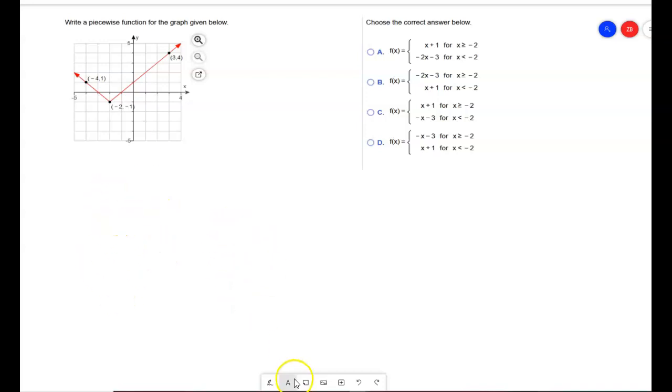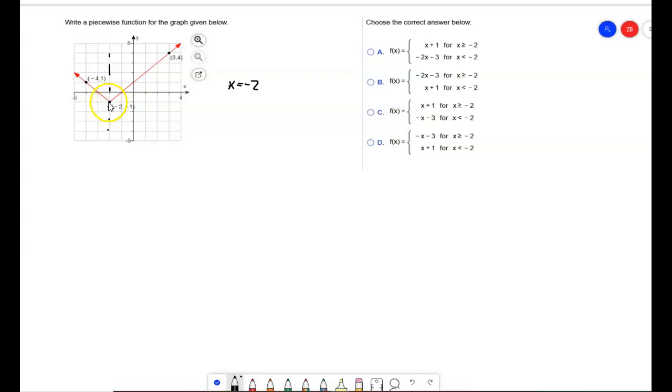So notice the first thing. First thing I want you to see is that at this line here, if you were to draw a dotted line at x is equal to -2, this is where the graph changes direction.